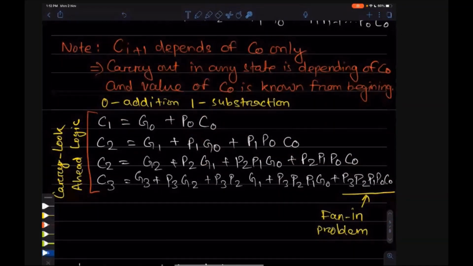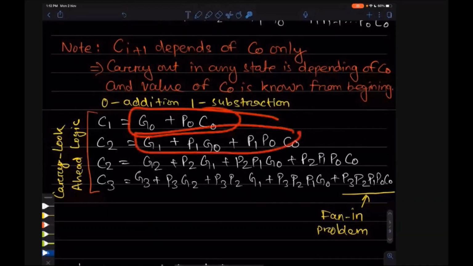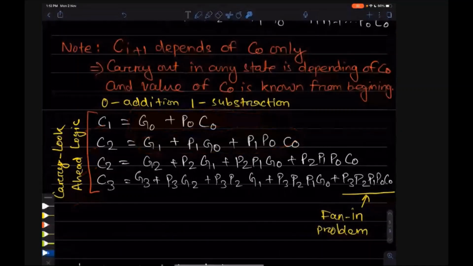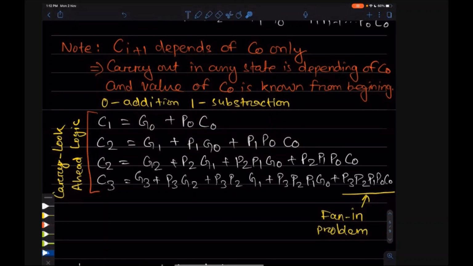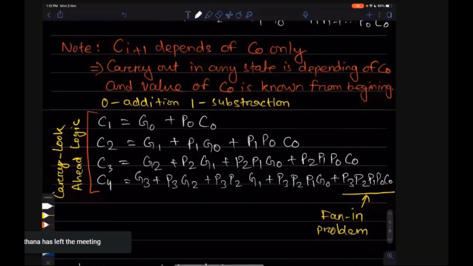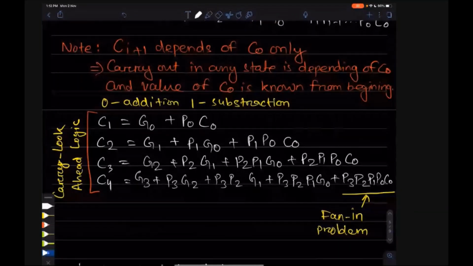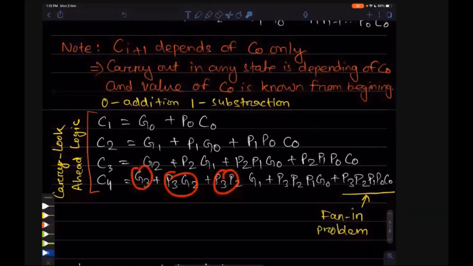So now we can design the circuit, because we know how to get C1, C2, C3 and C4. How to get them? Just get the values of P and G, then do the OR operation.